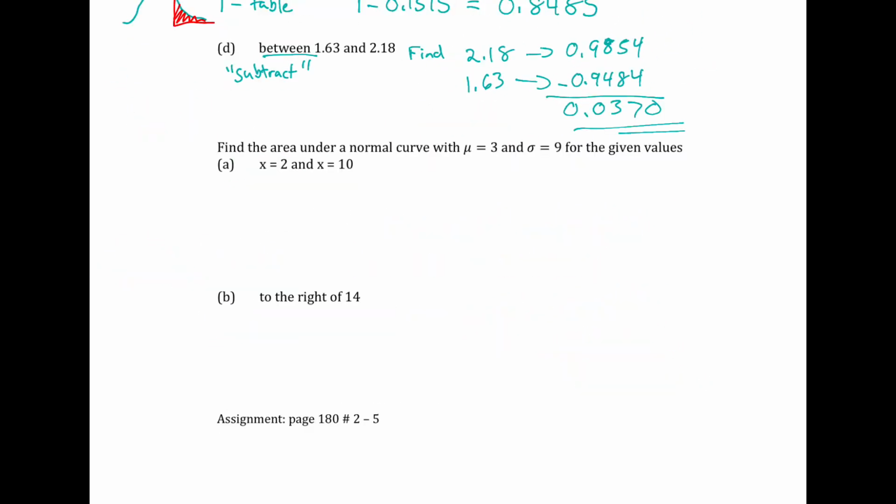Now we can use a mean and a standard deviation separate from the z-scores and apply them to another set of data that doesn't have the mean being 0. So this has my mean being 3 and my standard deviation being 9. I want to use the formula that's on the top of your page.